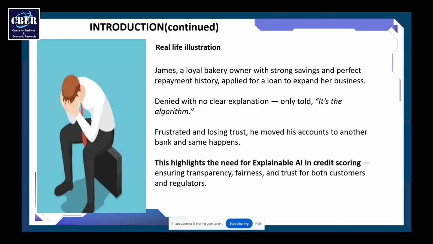This research is a bit technical, so I'm going to explain it in a real scenario so that we can appreciate the remaining parts of the research presentation. This is a real life situation of a guy, James. He's a bakery owner. As far as he's concerned, he has strong savings accounts. He has everything going on for him. He has a good repayment history and he needs a loan to expand his business.